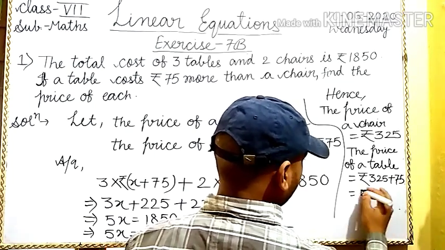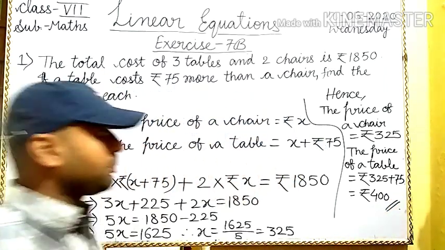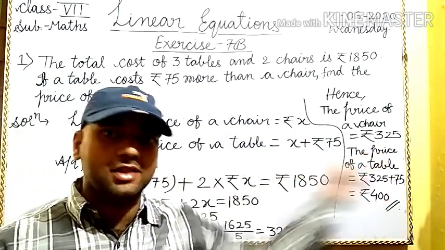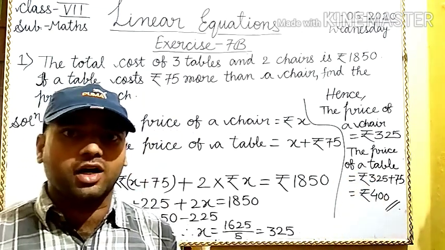We get 400. So lastly, we find the price of a chair is equal to 325 and the price of a table is 400. This is your required answer.